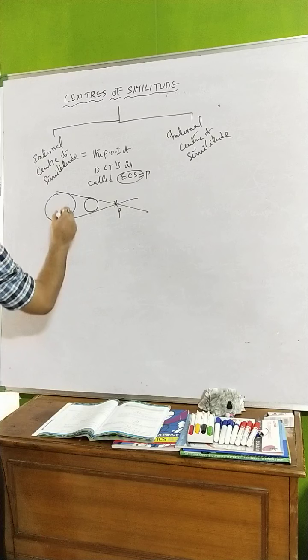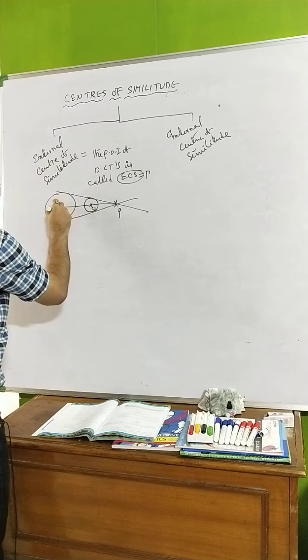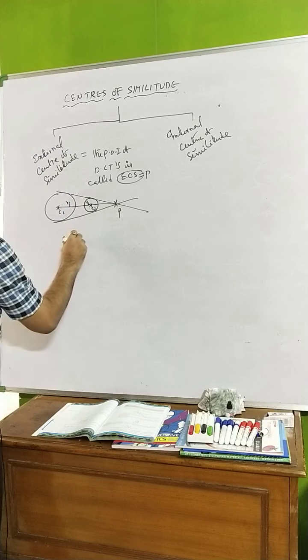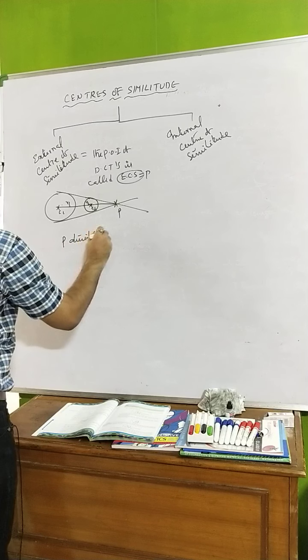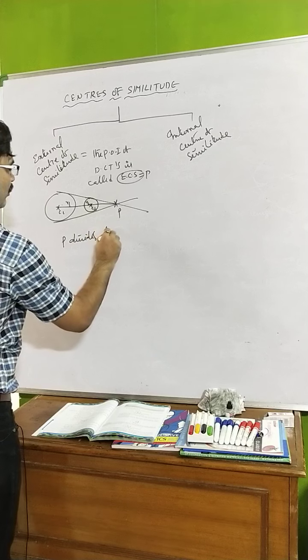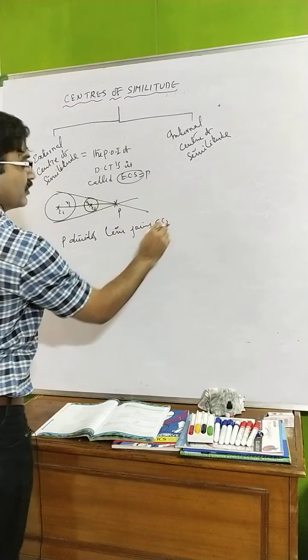Right? Now how to find this P? Remember, this is C2, this is C1, this is R1, this is R2. P divides the line joining C1, C2.